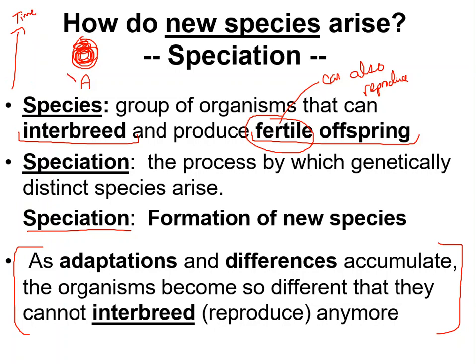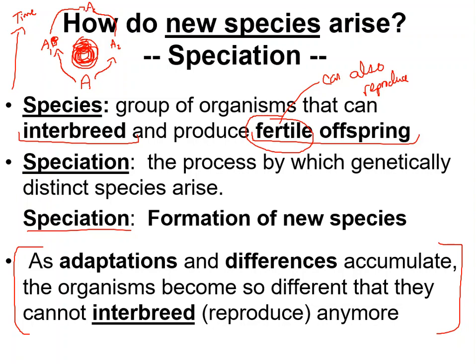Part of this population lives on this side of this canyon or river or ocean, whatever it is, and part of it lives on this side, so I'll call these A1 and A2. While they're over here, they don't interact with each other at all, but at some point, let's just say in modern times, they come back together.